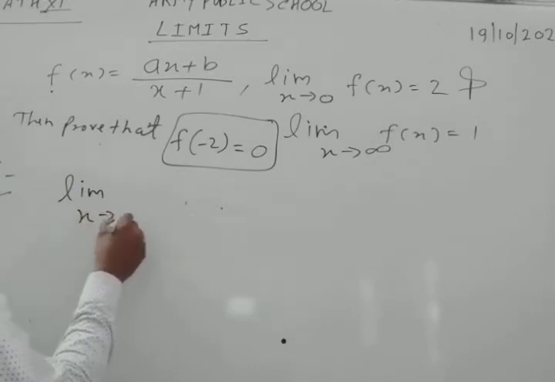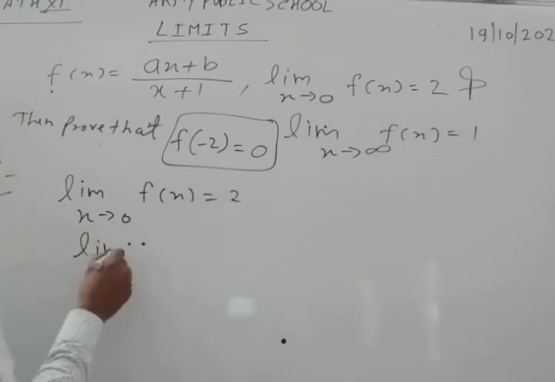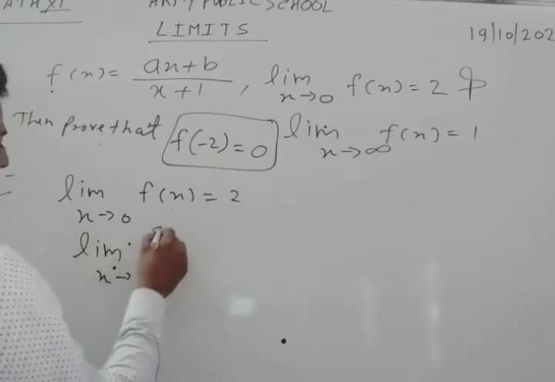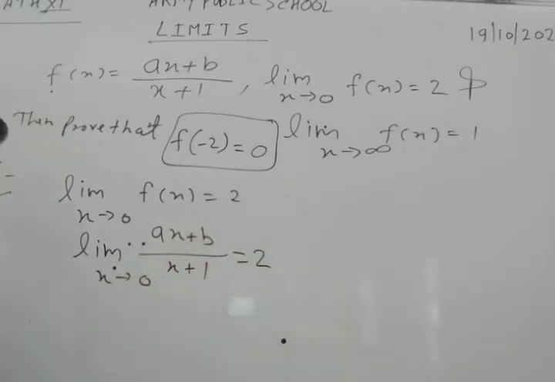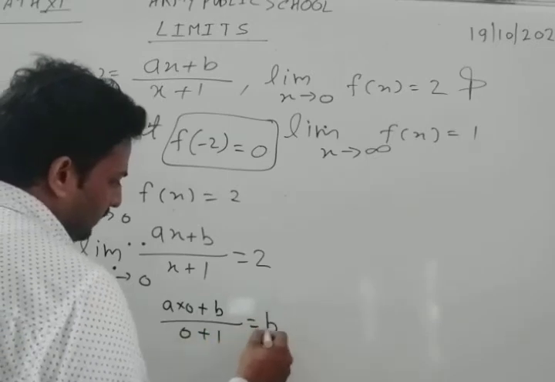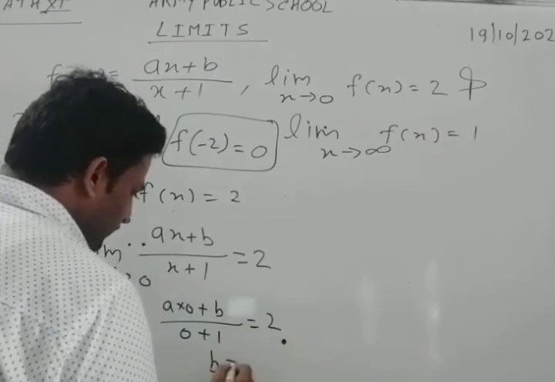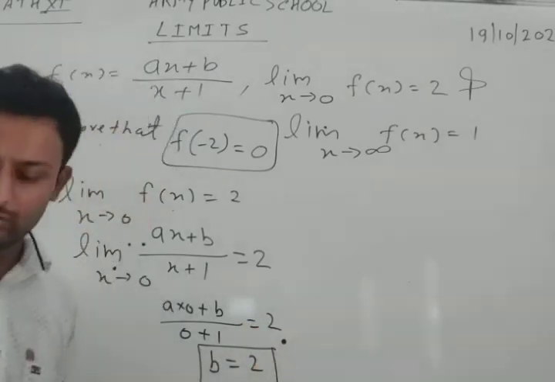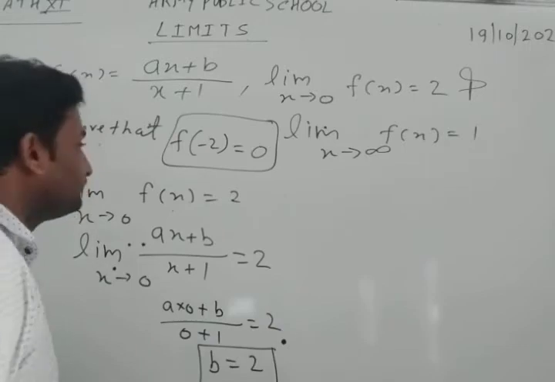Take limit x tends to 0, f(x) is equal to 2. Now put our function: (ax plus b) by (x plus 1) is equal to 2. Now put the value limit x tends to 0, so a into 0 plus b upon 0 plus 1 is equal to 2. So b is equal to 2.